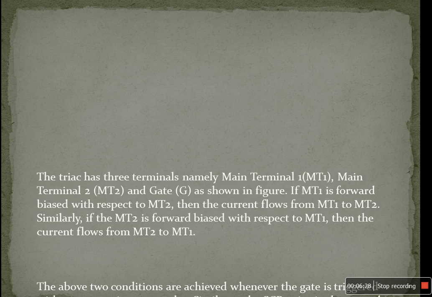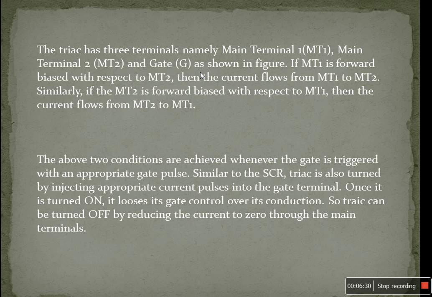So if MT1 is forward biased with respect to MT2, the current flows from MT1 to MT2, that is, from main terminal 1 to main terminal 2.